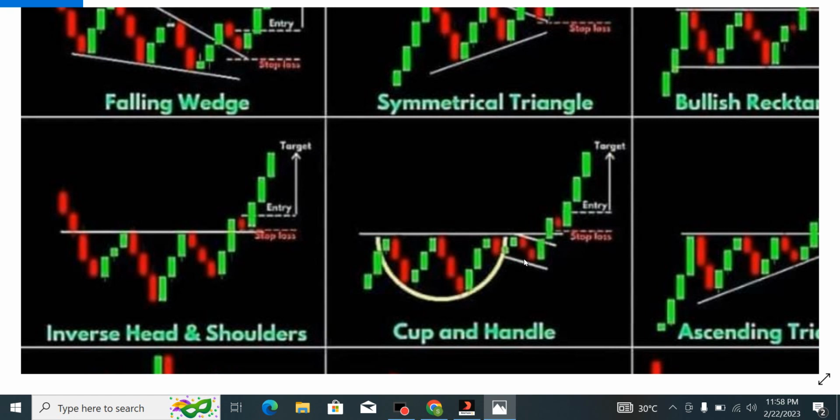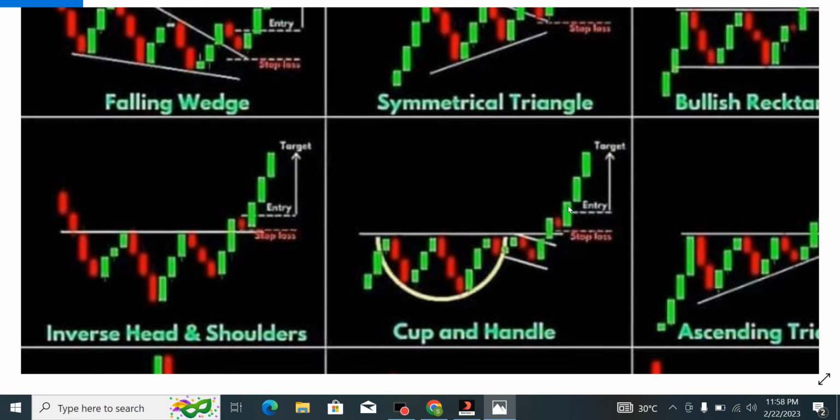So this had actually formed a cup, and now it is trying to form the handle right from here, because it just gave us a little short movement around there before breaking out of the resistance zone somewhere here. So the horizontal line will still remain as your stop loss, and of course the next bullish candle should be your entry point.